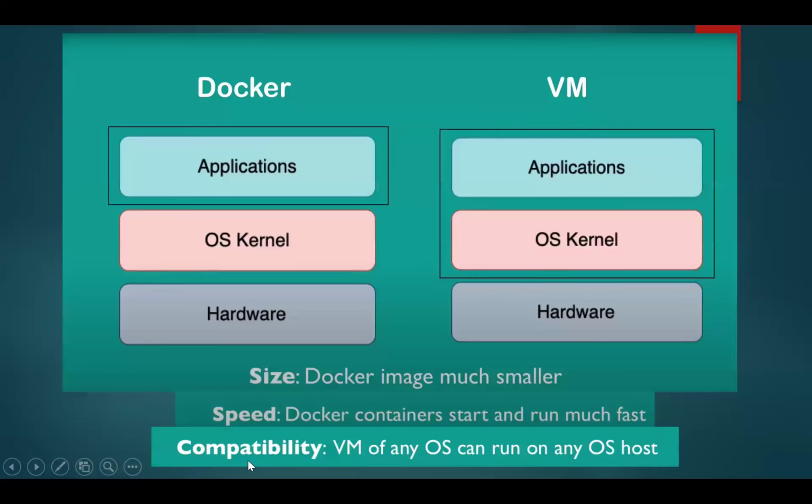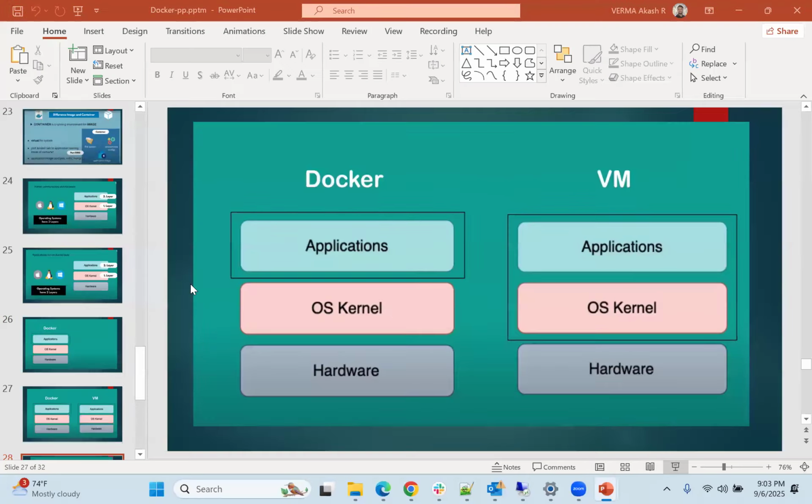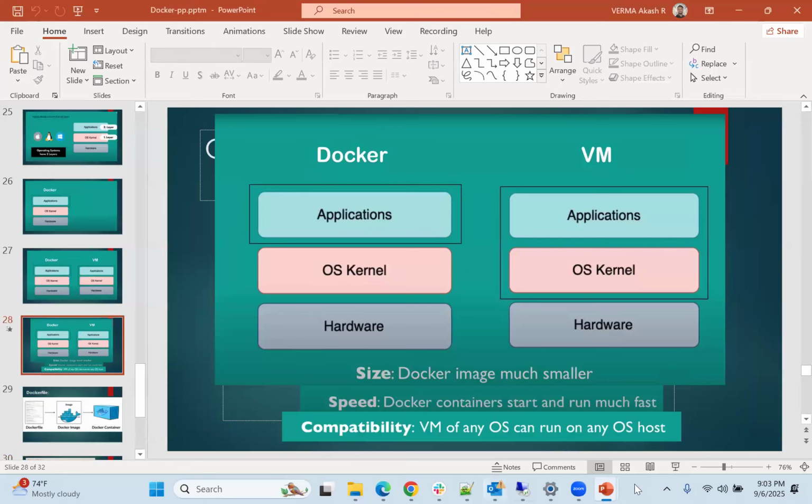And then compatibility, so it basically runs on any OS system compared to your host. No matter what your host is, you can run on any OS system. These are the benefits. Any confusion? No. Okay.